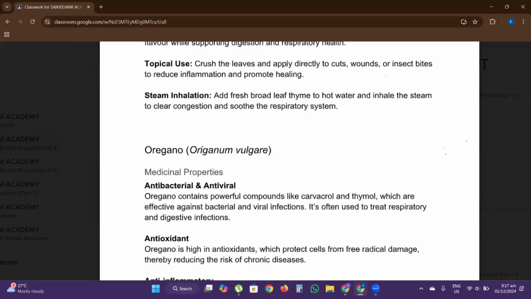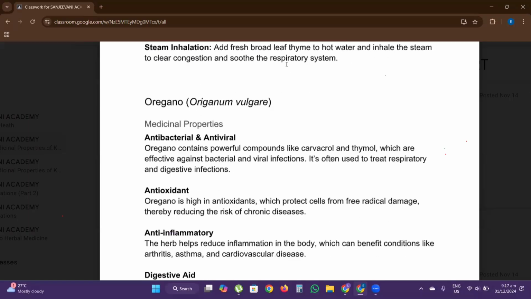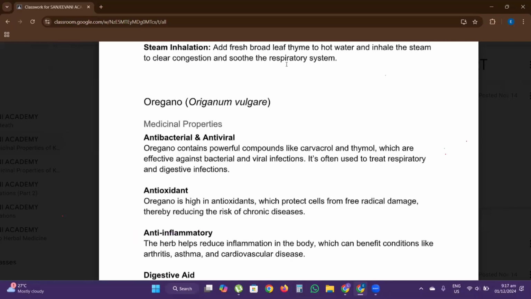Okay, so oregano. We all know this is our herb that we put on pizza or anything in Italian food. And this is a staple in the herbal community.